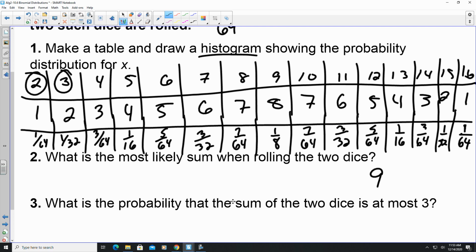So you just take the probability of getting a sum of 2, which is 1 out of 64, and add the sum of 3, which is 1 out of 32, and that is going to equal 3 out of 64. So you have a 3 out of 64 chance of getting a sum of dice that's at most 3.